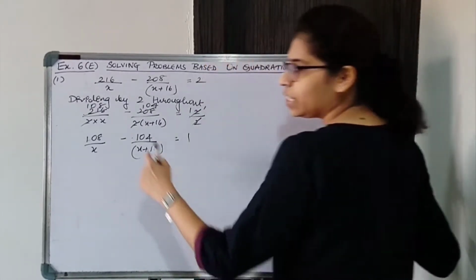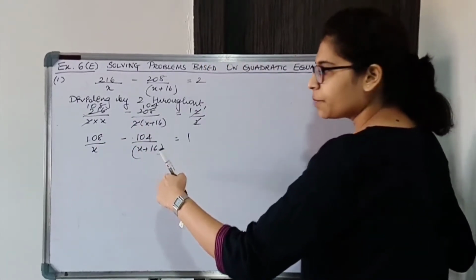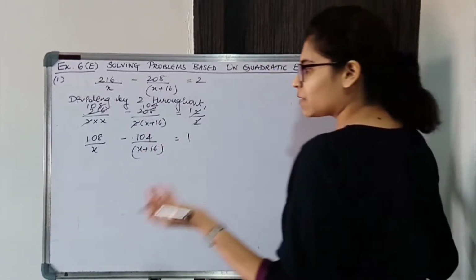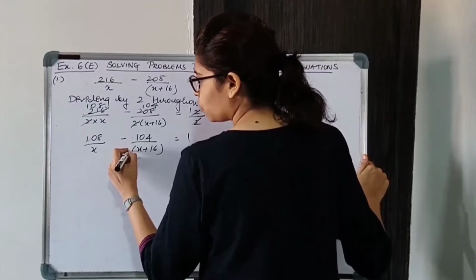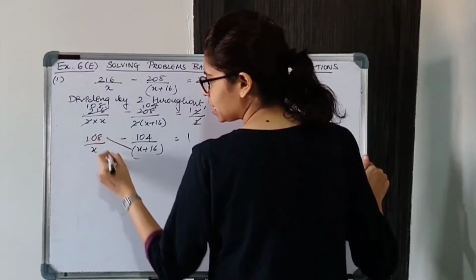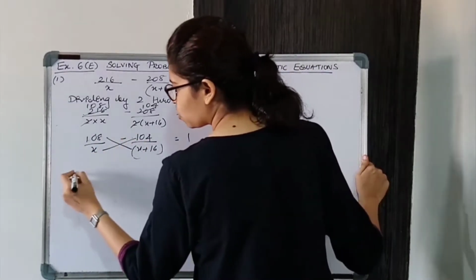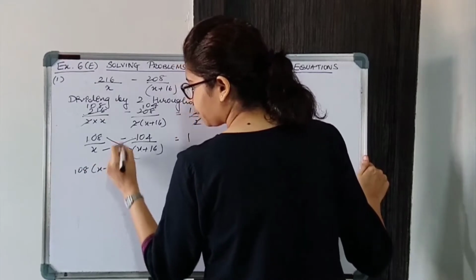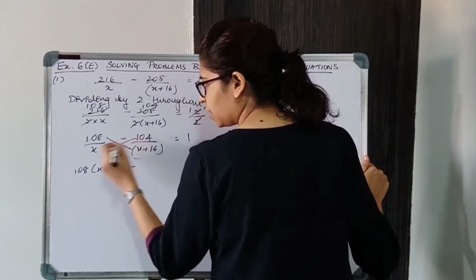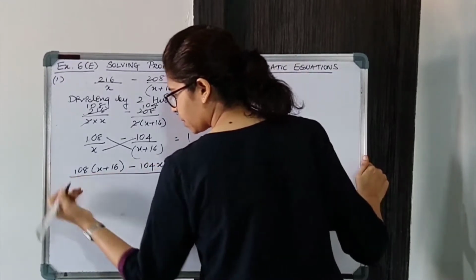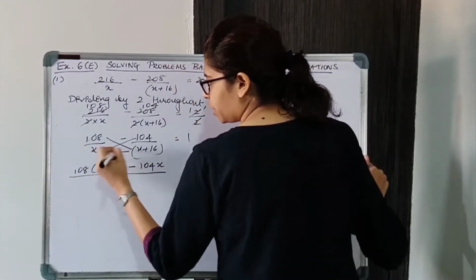Now we'll solve the LHS first. Okay, so you can use LCM method, I'll be using crisscross method, it's one and the same. So first I'll multiply the numerator with the opposite denominator, so criss then cross. All right, so 108 into x plus 16, put the sign in between, 104 into x, multiply the denominators.